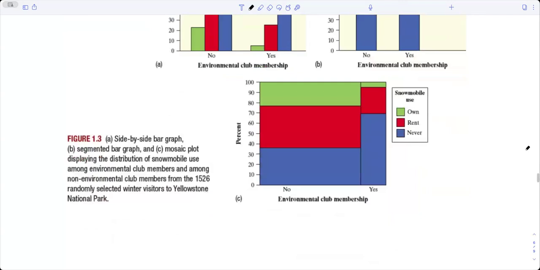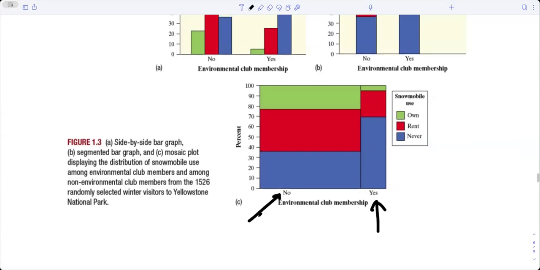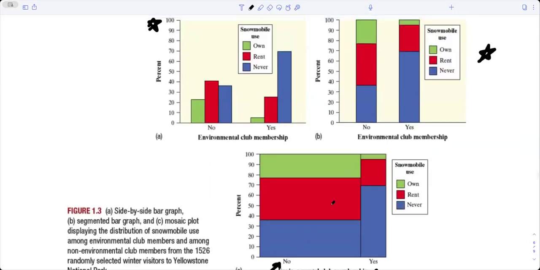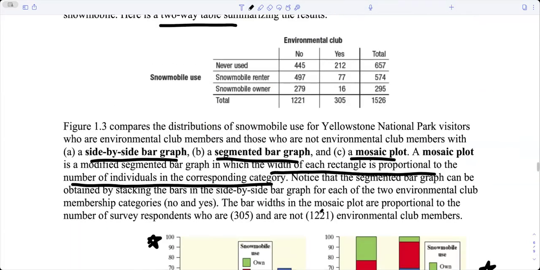And so we've got the segmented bar graph there, and then we've got own, rent, never are the three colors, but then notice right here, we've got the no's and the yeses. And so the width of each of those bars corresponds, okay, to the percentages here.